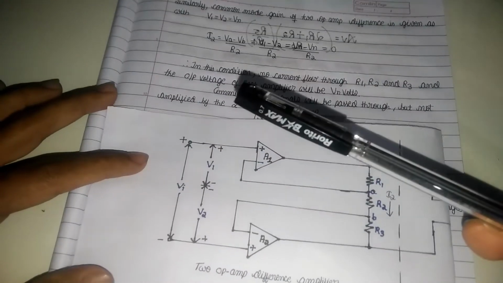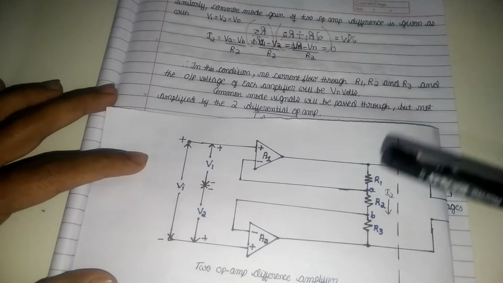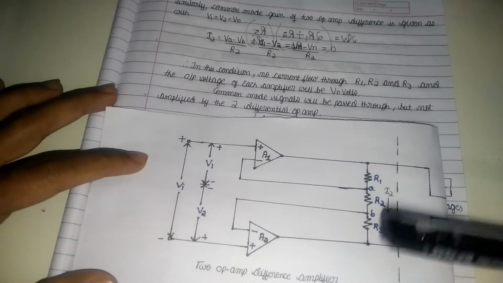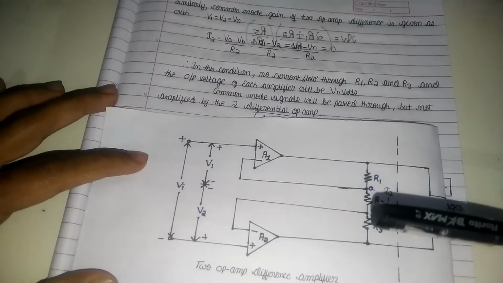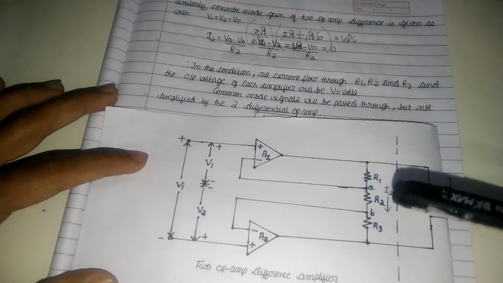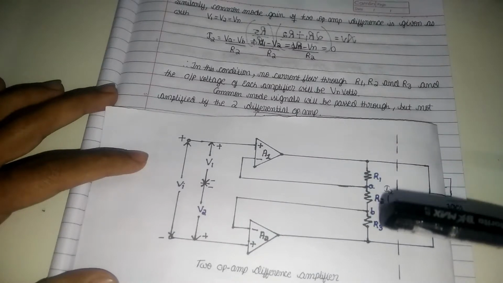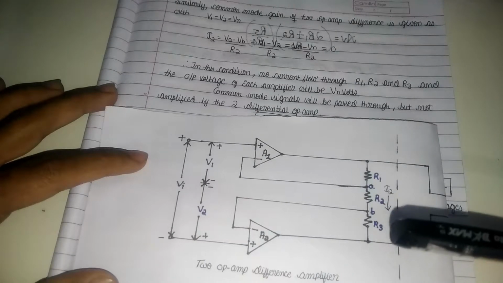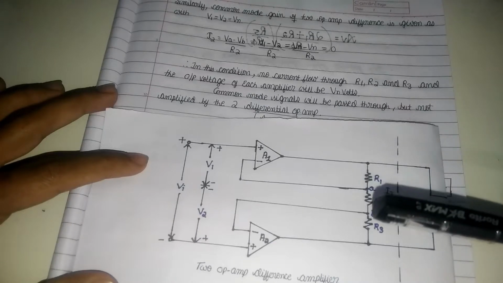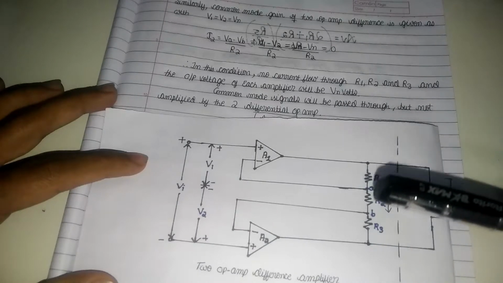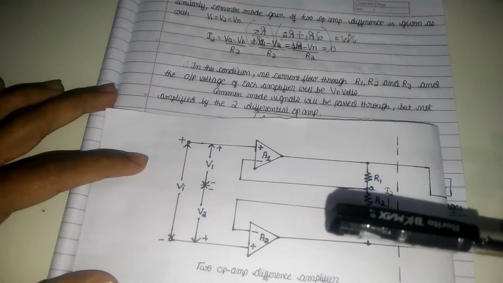Therefore in this condition, no current flows through R1, R2 and R3, and the output voltage of each amplifier will be Vn volts. In the common mode condition, the current flowing through these three resistances is 0, and the common mode signals will be passed through, but not amplified by the two differential op amps.